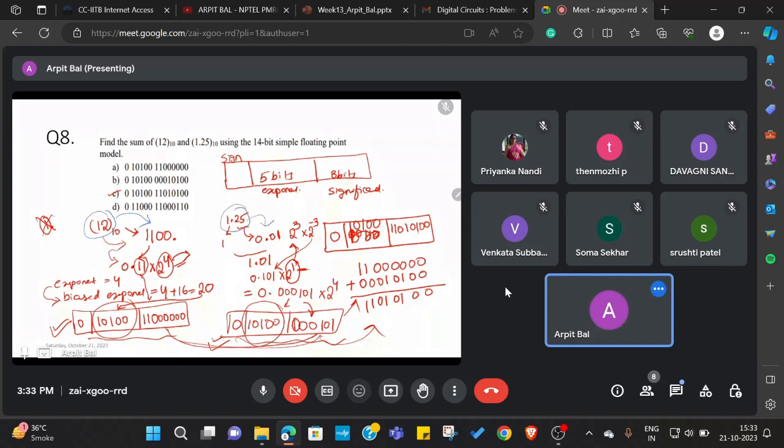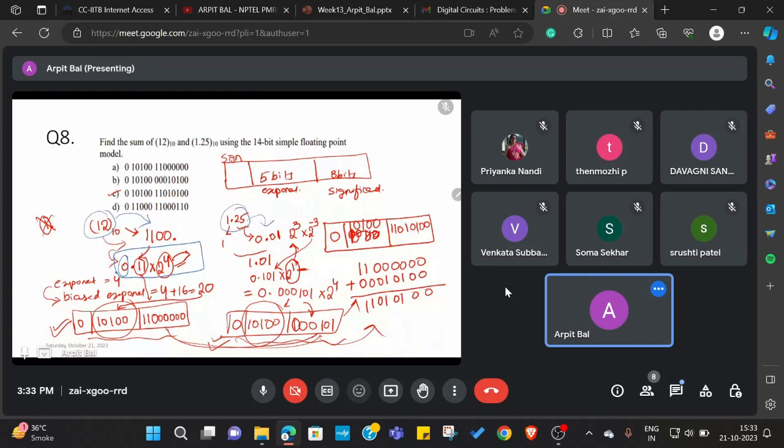Then I represent it in the standard format. Remember, in the standard format for simple floating point, there is no implied one, so you have to take 0.xyz. We get 1100, which in standard format becomes 0.11 times 2 to the power 4.